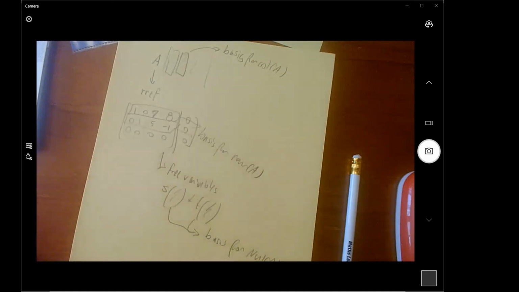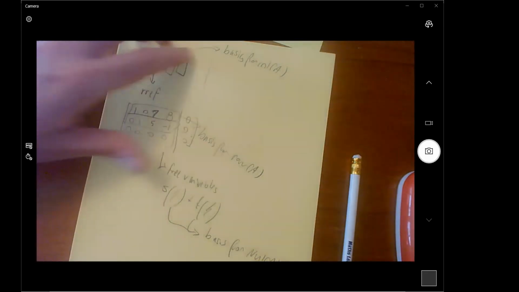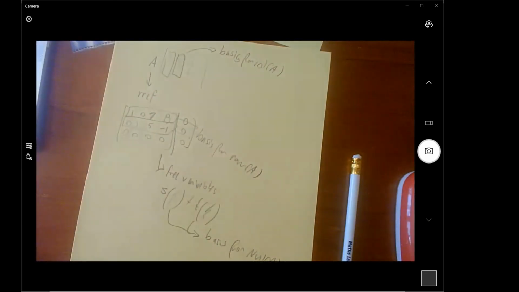You said that however many vectors the basis has, that's the dimension. Well, since the pivots tell you which columns or which rows are the basis, the number of pivots is the dimension of the column space and the dimension of the row space, guaranteed. And the number of free variables, that's going to be the dimension of the null space.